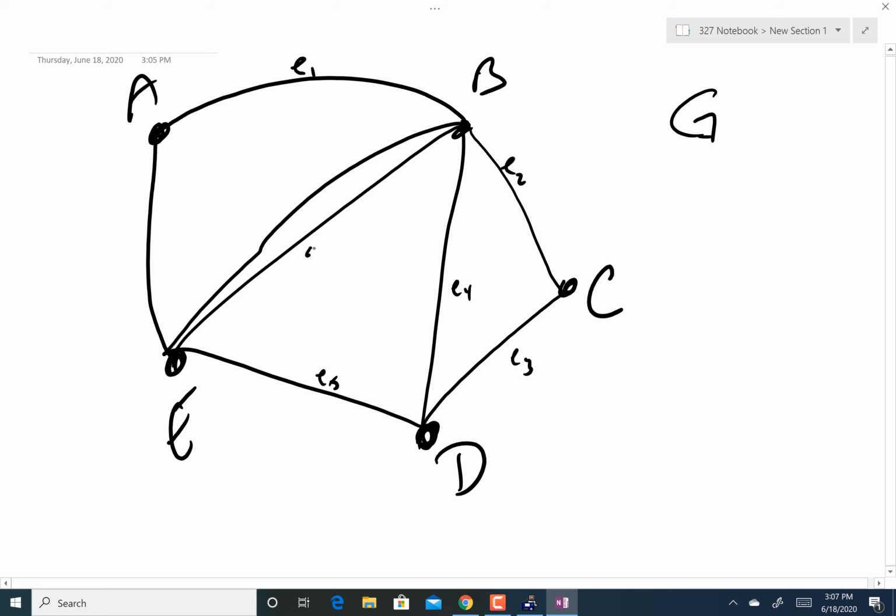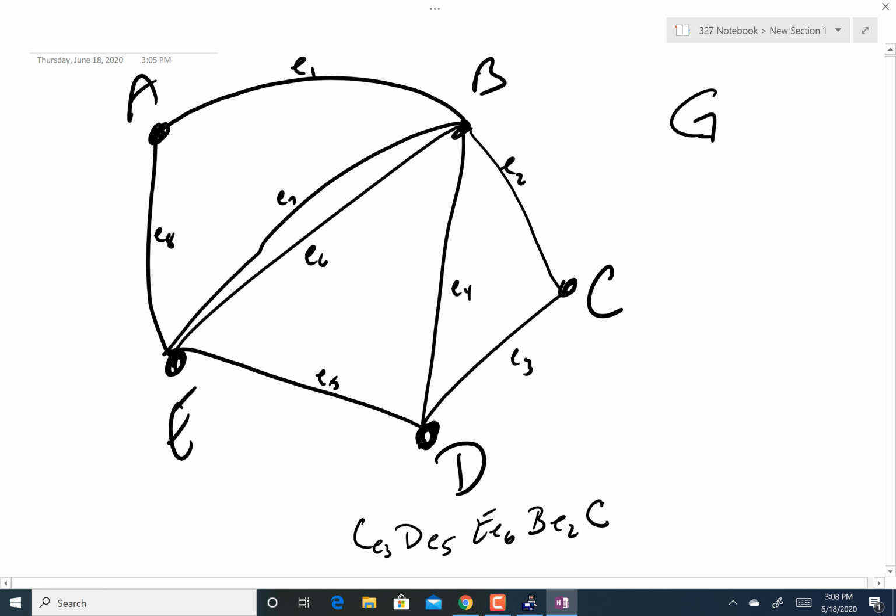So let's put together a circuit, shall we? A nice circuit. So I'm just going to go C, E3, D, E5, E, E6, B, E2, C. There you go. It's a nice circuit, right?